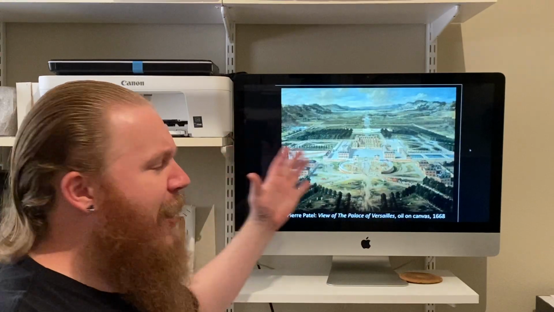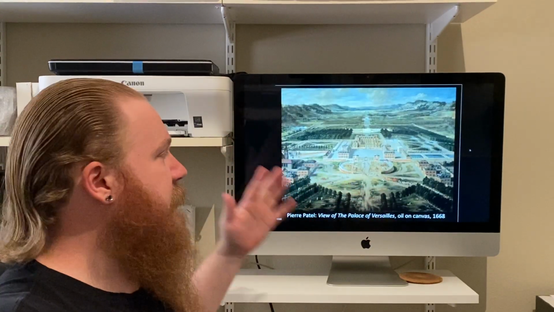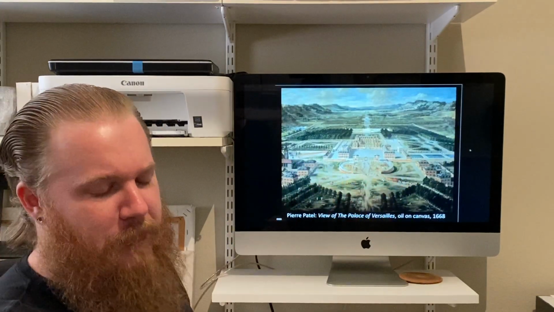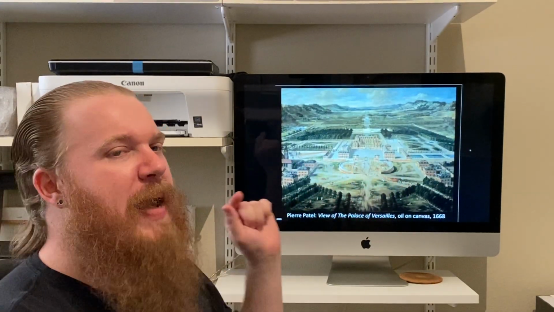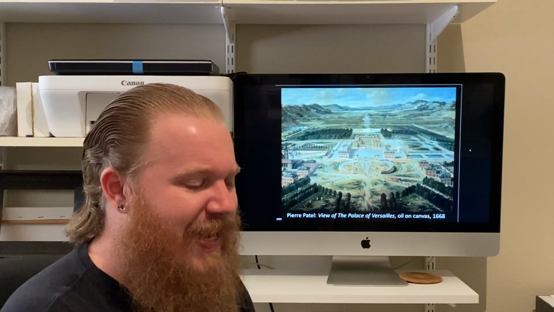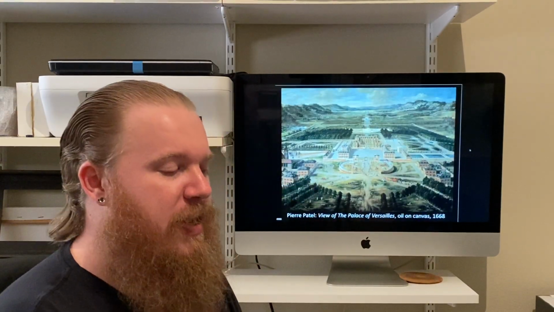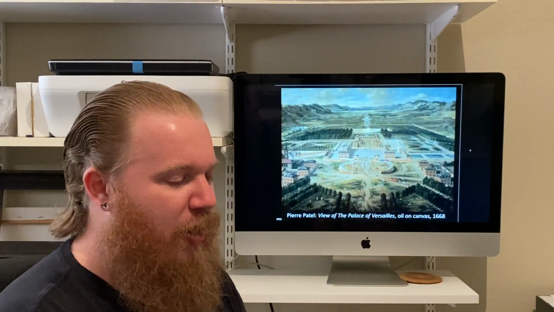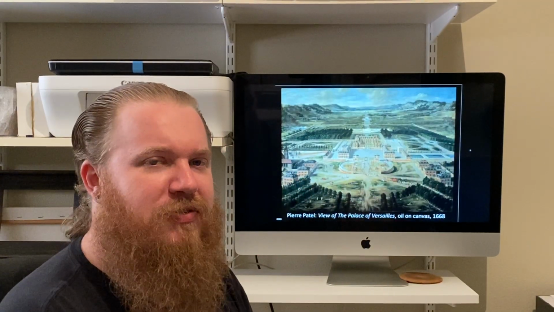But it's a massive, grandiose palace, and it's even bigger today than it is in this particular painting. But everything about it was meant to cement the idea that the French monarchy was a divinely inspired monarch. So they had divine sanction to rule.